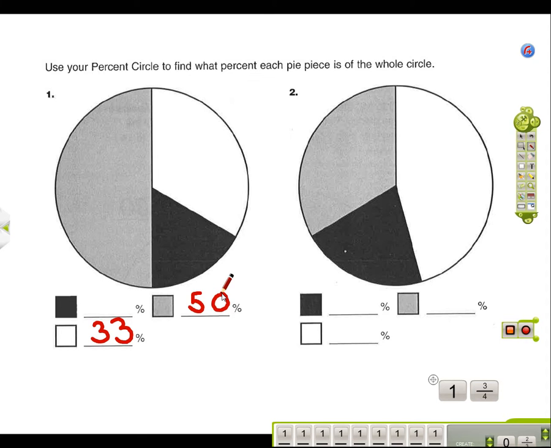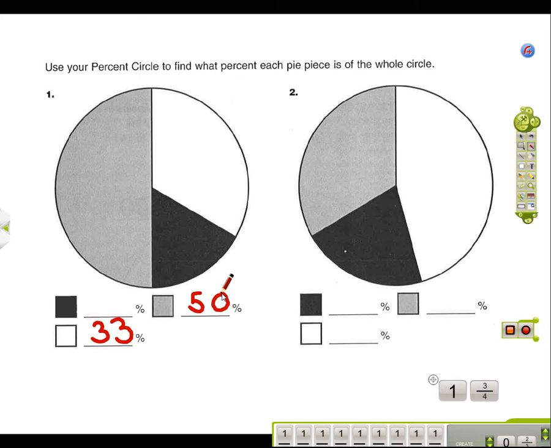Okay, so I know that if you do another line right here, that would be another third. So half of a third, I'm not quite sure what that is, but it would be half of a third. That's 33. Half of 33 would be something close. 16 and a half?